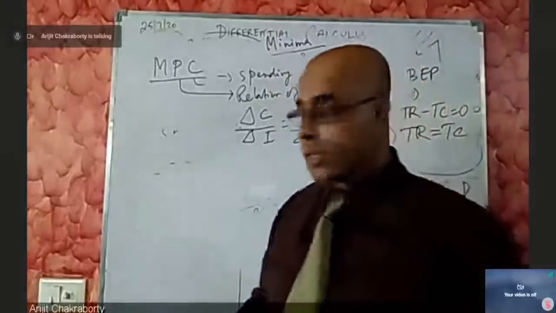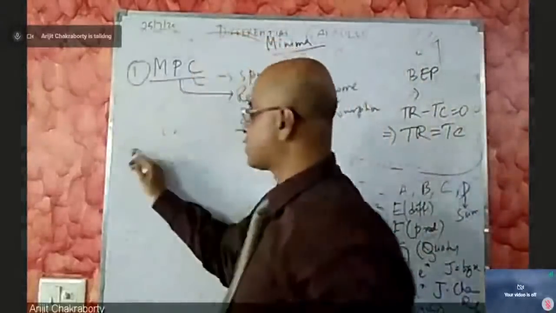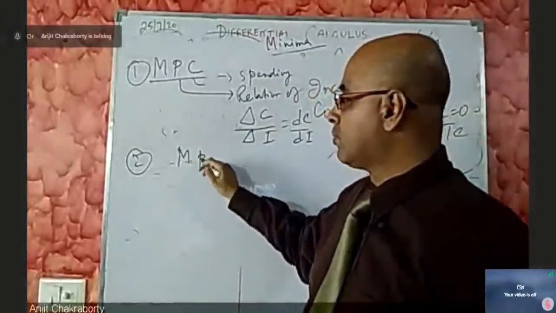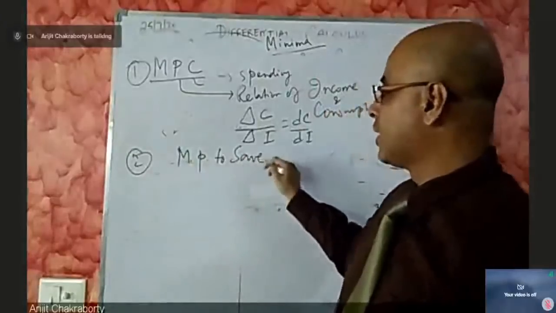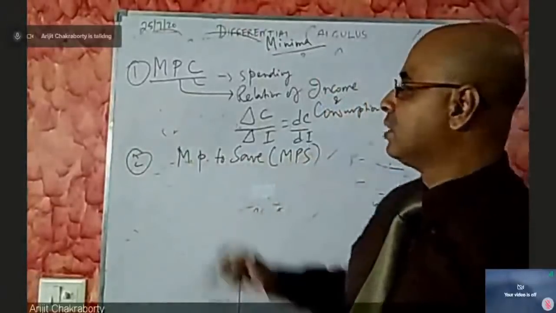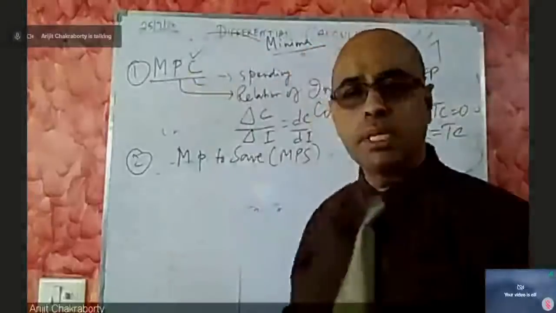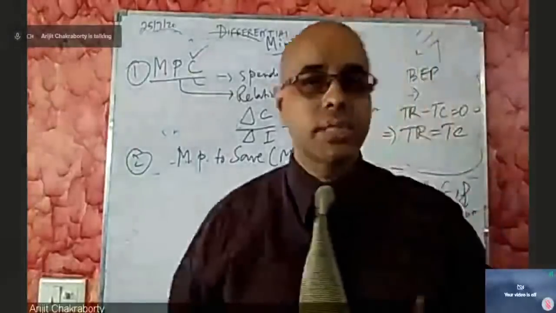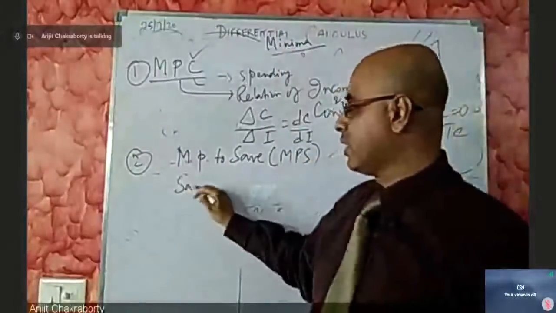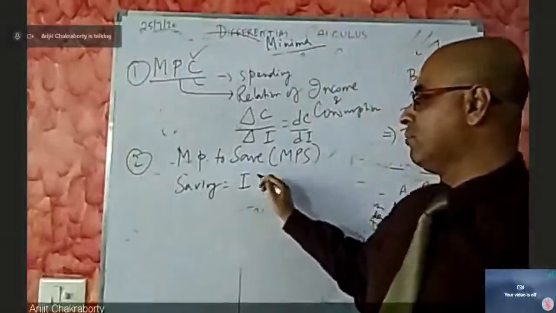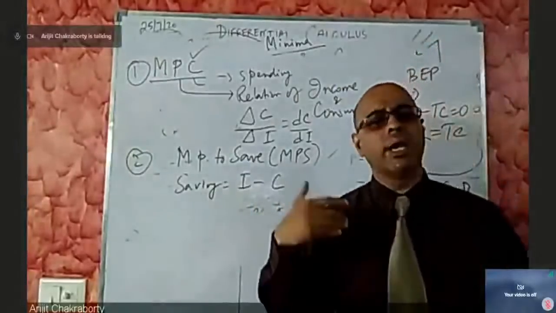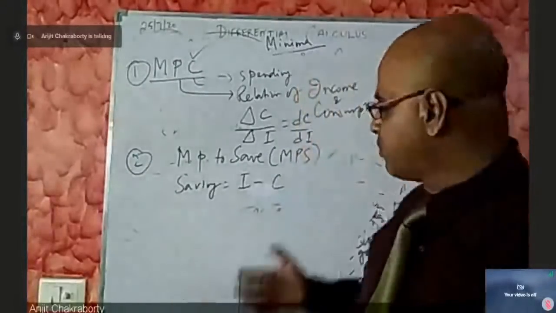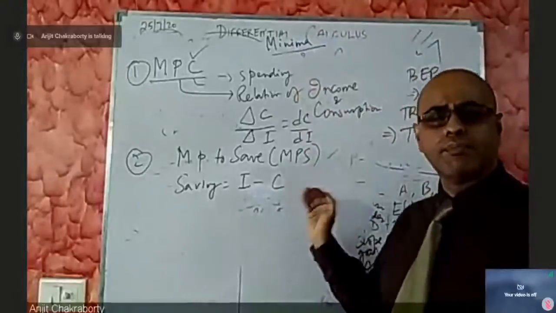And of course, the first one is this and the last one is the marginal propensity to save. This is the marginal propensity to consume, MPC, and this is MPS, the marginal propensity to save. Now saving, if I write, is equal to my income minus my consumption, income minus my expenditure. So my marginal propensity to save depends basically on my income.